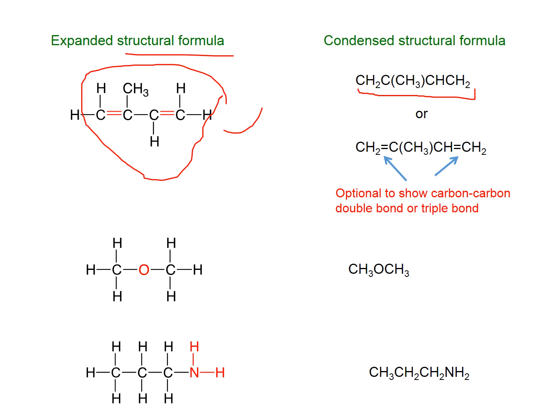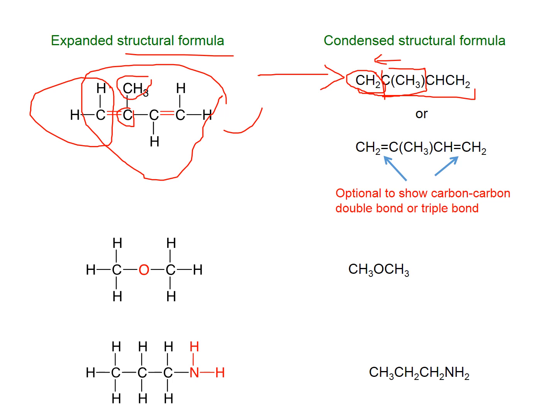This is how you write the expanded into condensed. Sama je. The first CH2, then C, ada CH3 dekat dia, CH3. Bila ada benda yang bracket, maksudnya benda tu bercantum dengan yang sebelahnya.